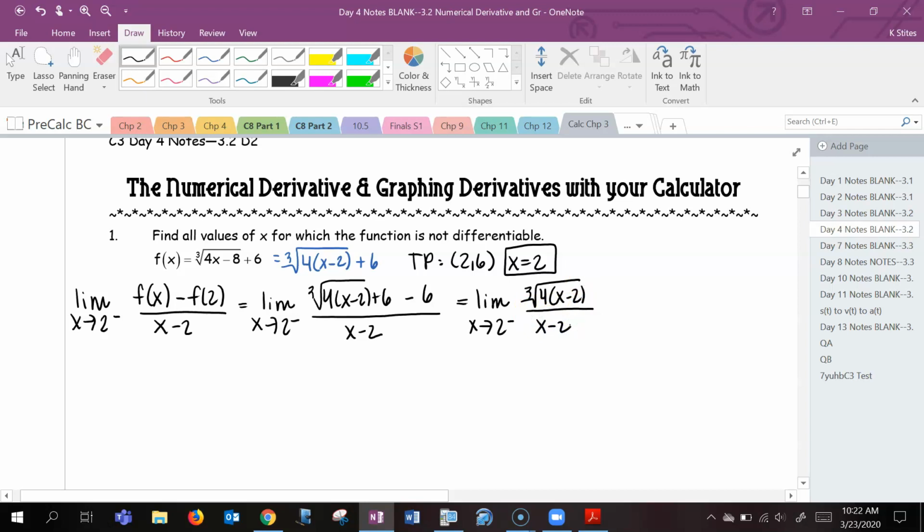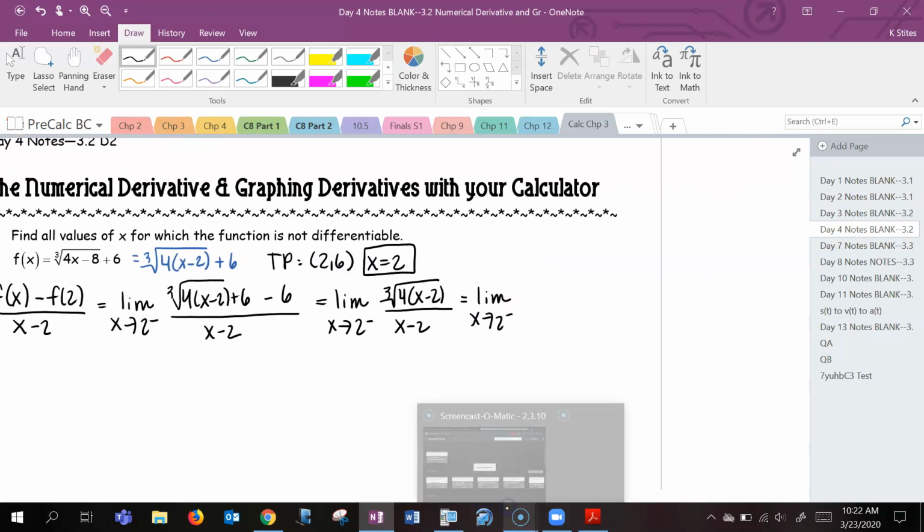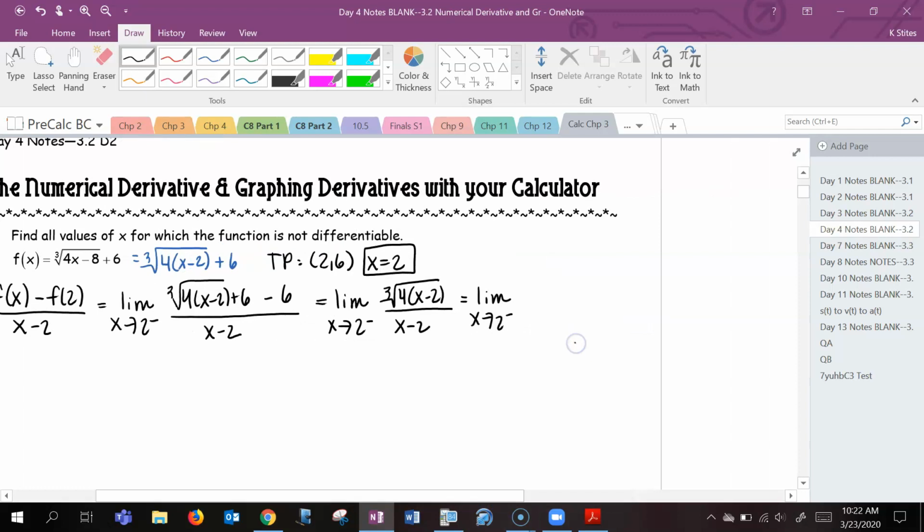Alright, so now we are going to write this a little differently. Like I said, this one is kind of a special case. It's a little more challenging than you're normally going to see. So we can rewrite this as multiplication: the cube root of 4 times x minus 2 to the 1/3 power. You'll see why in a minute.